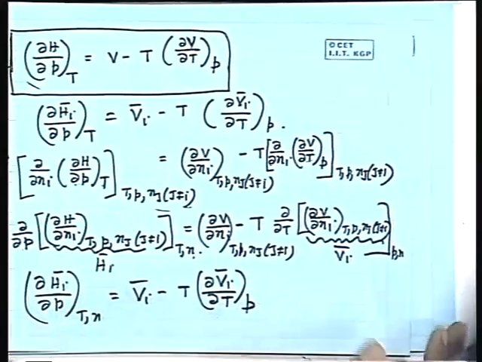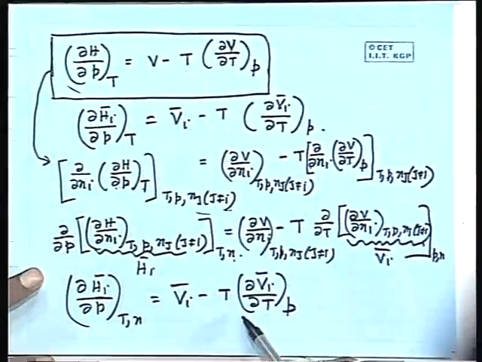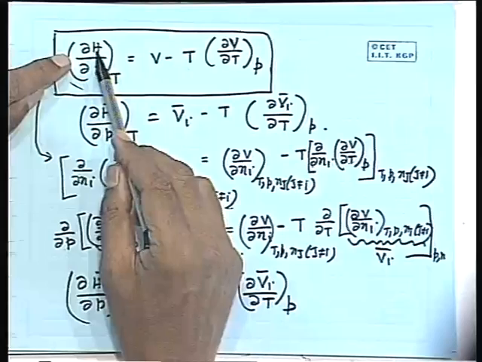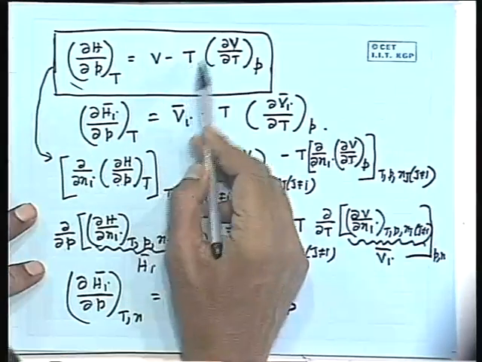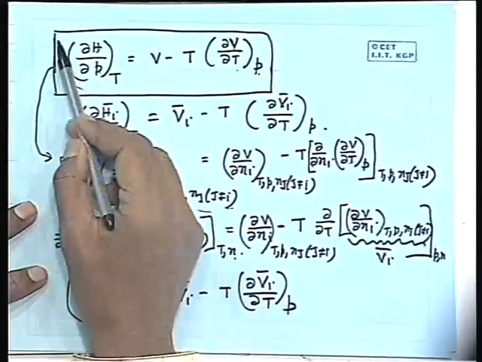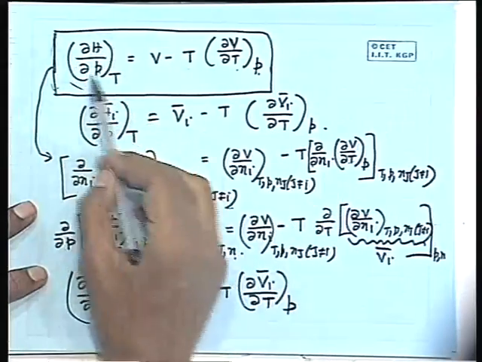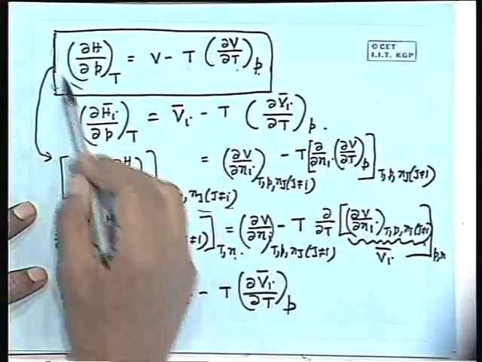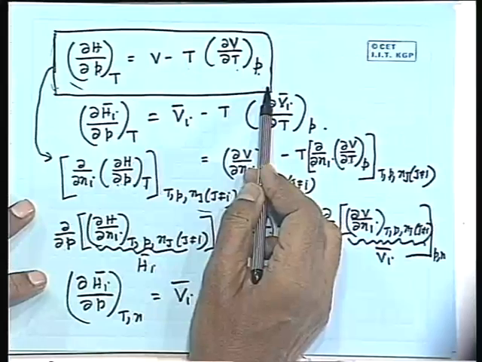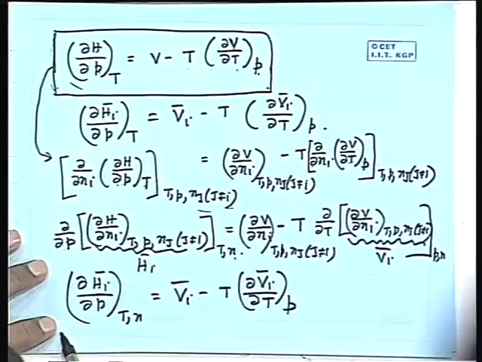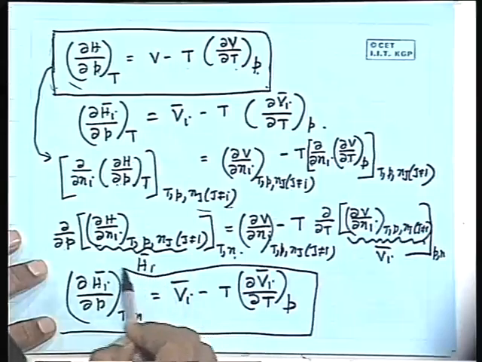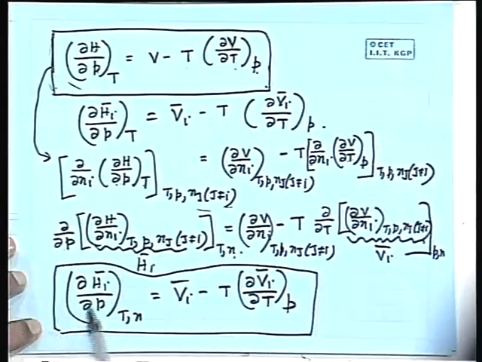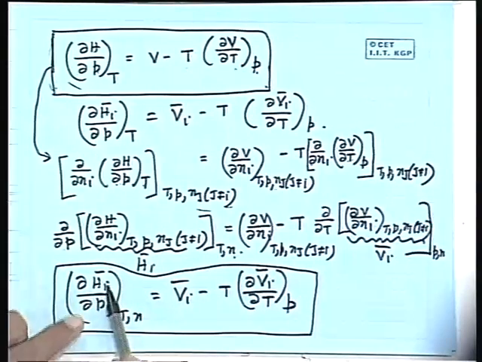So if you compare these two equations, we see that del H del P at constant temperature is equal to V minus T del V del T at constant P. That means a thermodynamic relationship in differential form, which is valid for the system as a whole, a multi-component system, remains the same if we express it in terms of the partial molar property.